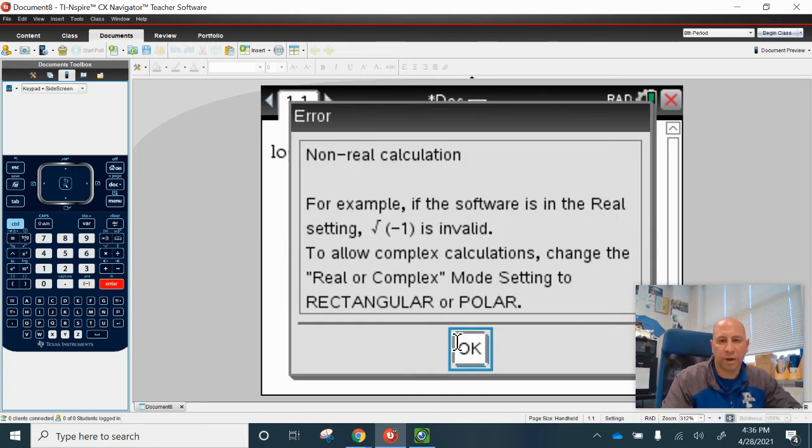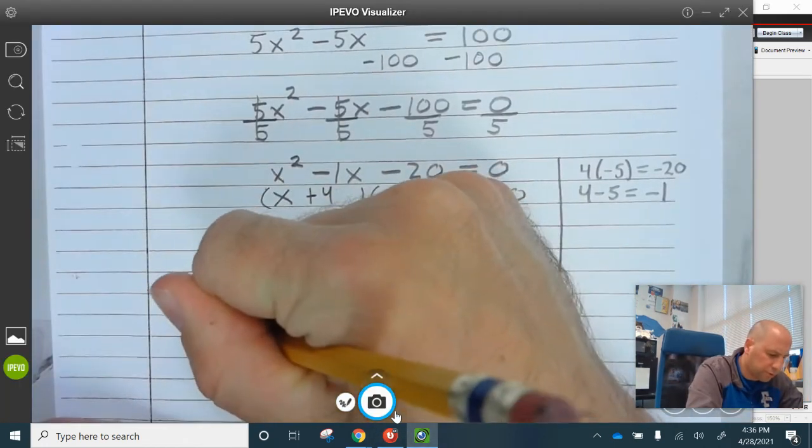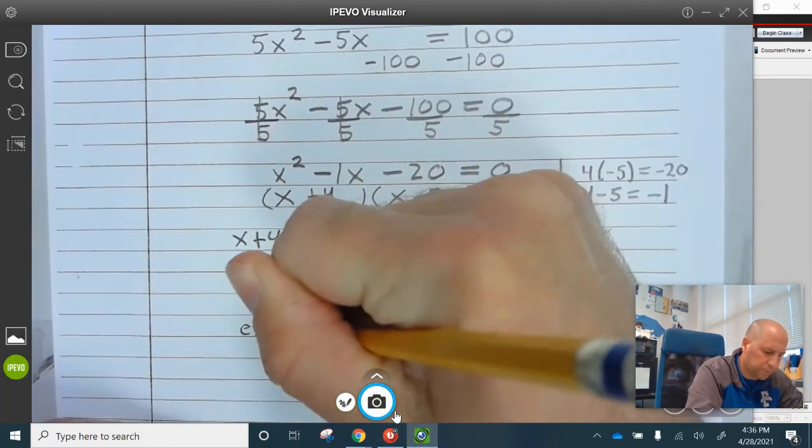We get a non-real calculation, so we know that x equals negative 4 is an extraneous solution.